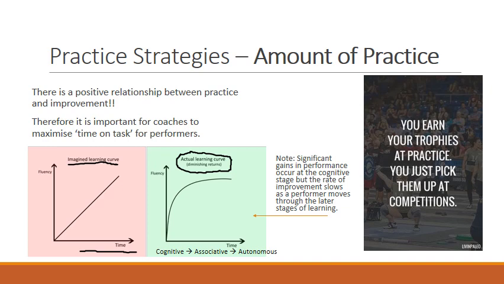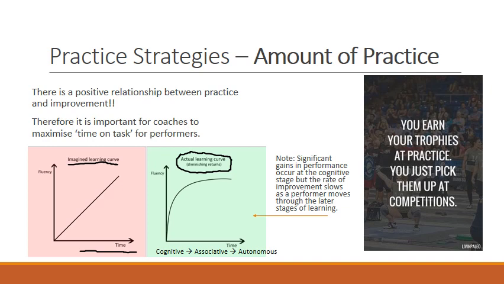And that's a concept we'll talk about in its own right, diminishing returns, when we talk about training principles. What we see is as time continues and as a performer moves from the cognitive stage to the associative to the autonomous, because that is what we would imagine would happen the more you practice over time.